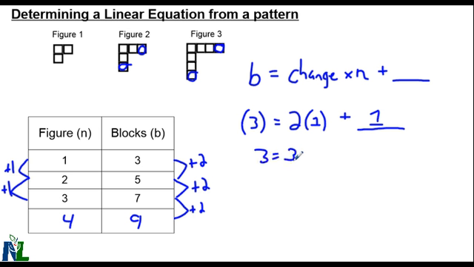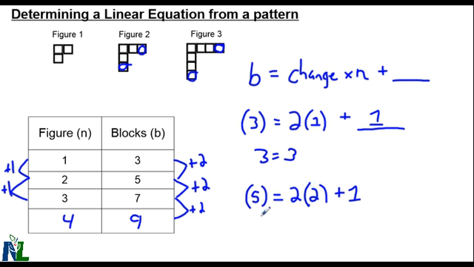So let's just test this out. The same process of the change times the figure number plus 1, and see if it works for our second figure that we have. So let's substitute in the number of blocks in our second figure, which is 5. We'll take our change and we'll multiply it by the figure number, which is 2. And I'm going to add 1 to it and see if both sides of the equation are equal.